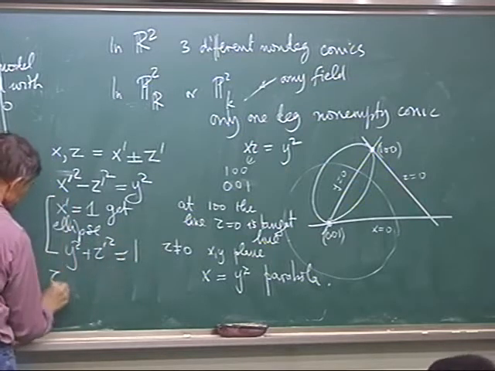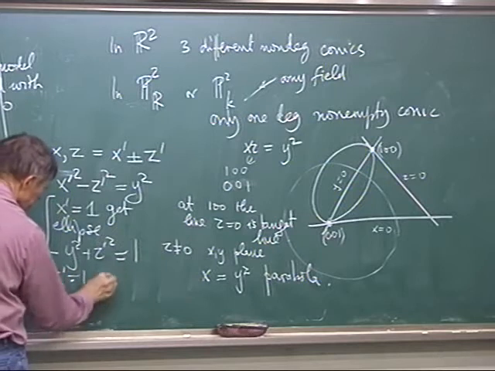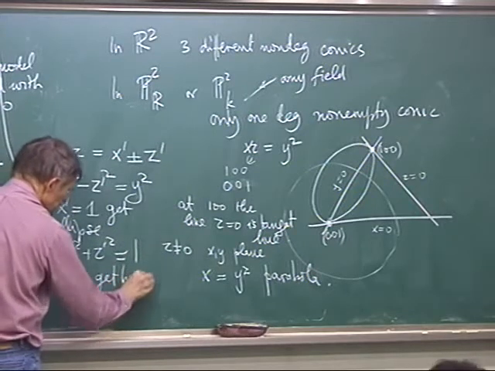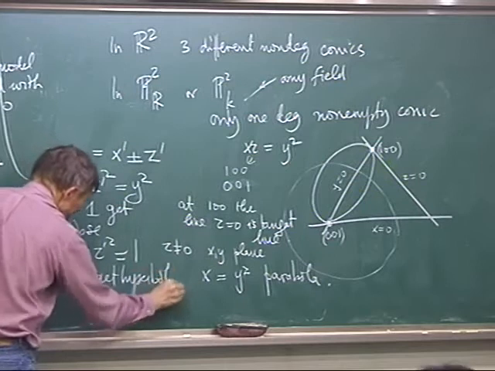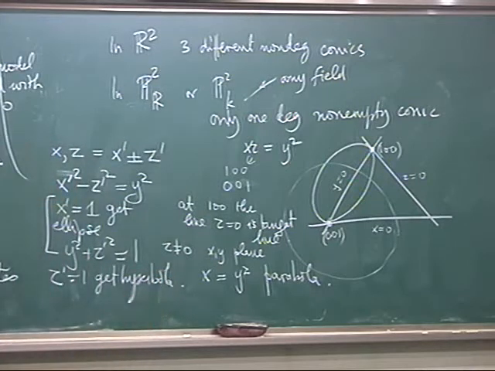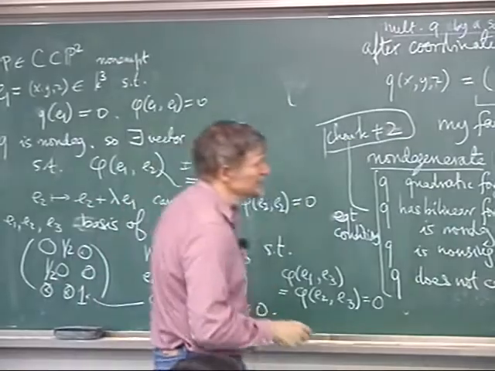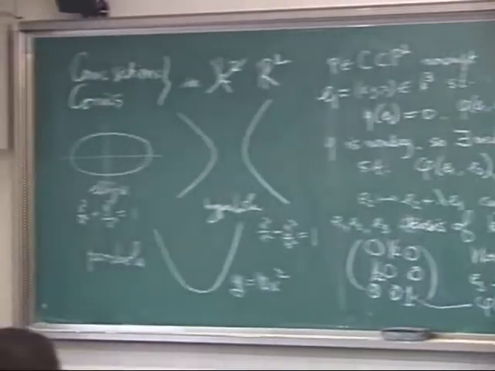If I set z primed equals 1, I get a hyperbola. So I have this picture which you all remember from school days, and I have the picture over there which is in this slightly more abstract space.